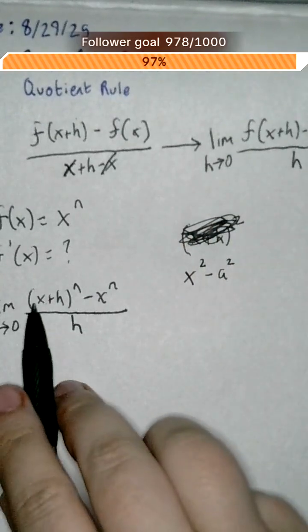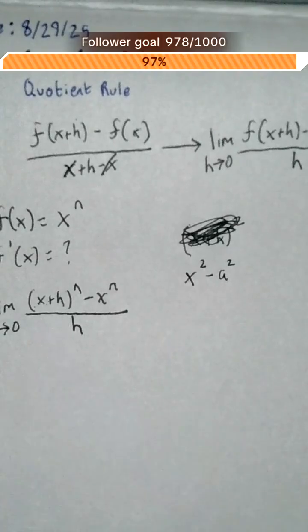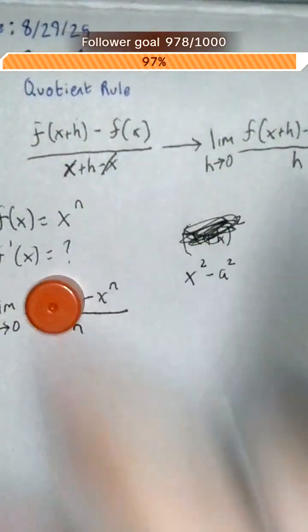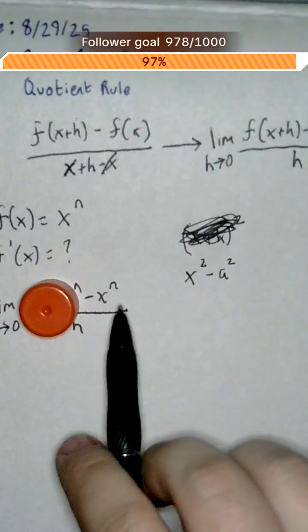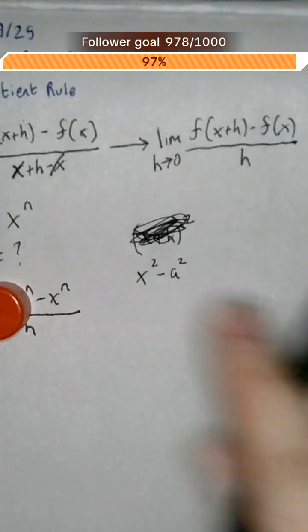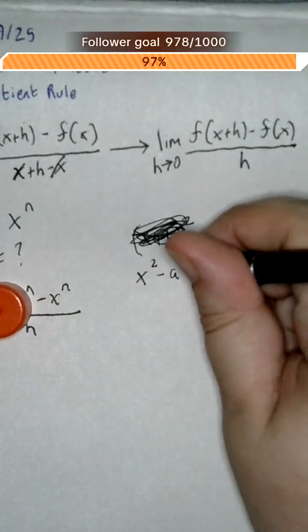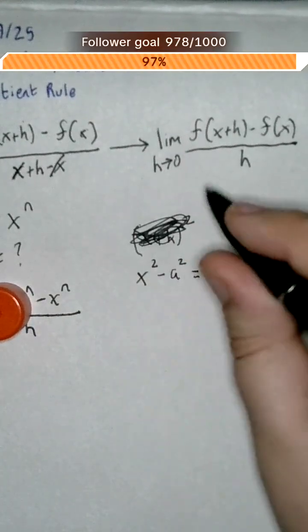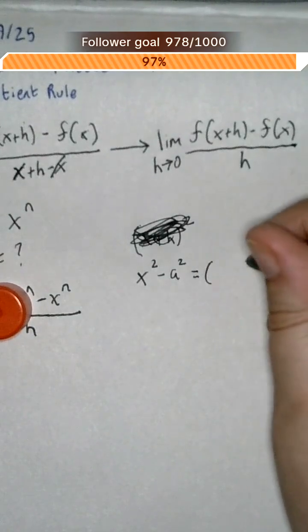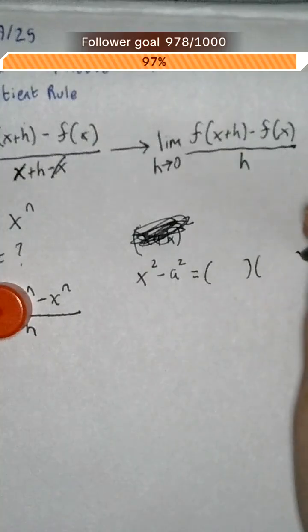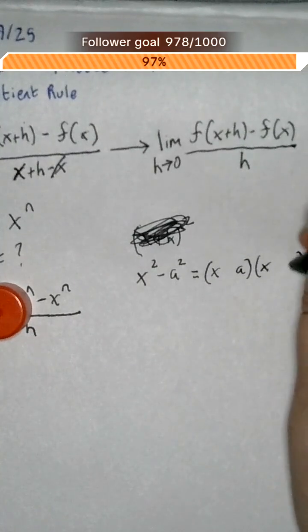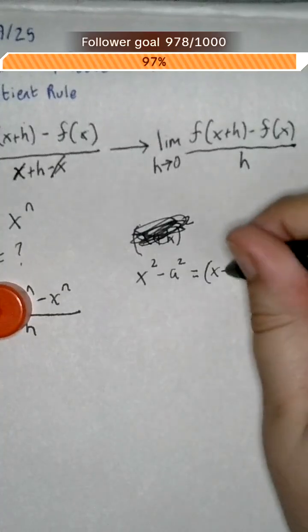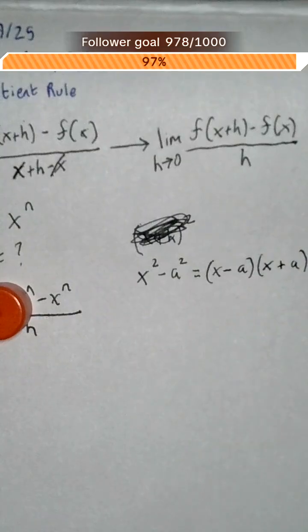So I'm going to pretend that x plus h is, I'm not going to call it x plus h for a moment. I'm going to call it bottle cap. So I have bottle cap to the n minus x to the n. Well, here, this is difference. If I let n equal 2, this is difference of squares. So how do I factor difference of squares? Well, it's x minus a, x plus a. One is a minus, the other is a plus.